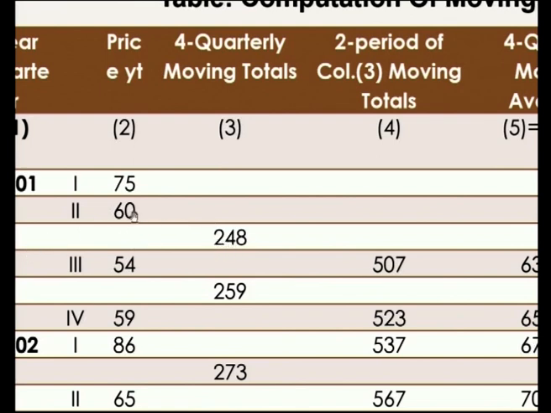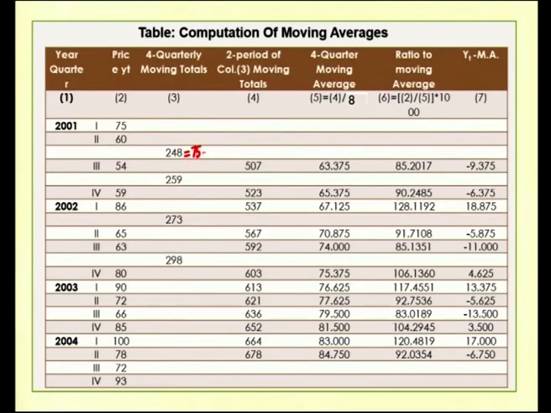So this 248 is 75 plus 60 plus 54 plus 59. Similarly, this 259 is calculated leaving out the first value: it is the total of 60 plus 54 plus 59 plus 86. And likewise 273, 298 and so on are calculated.